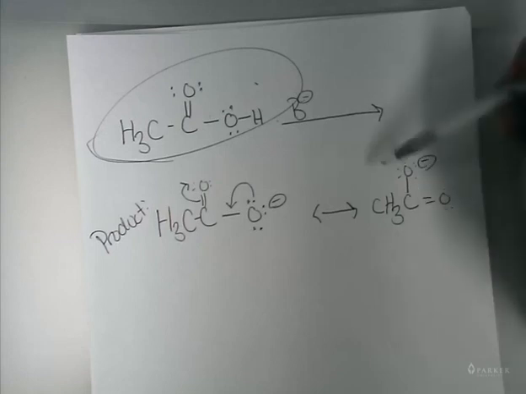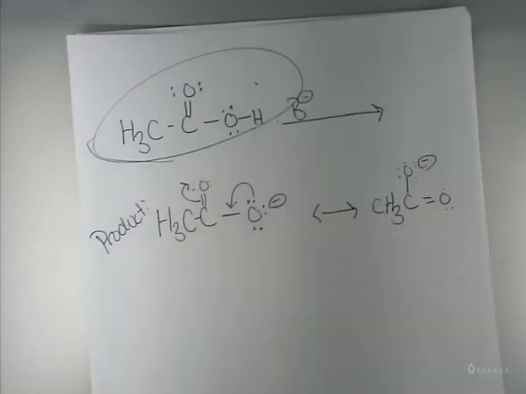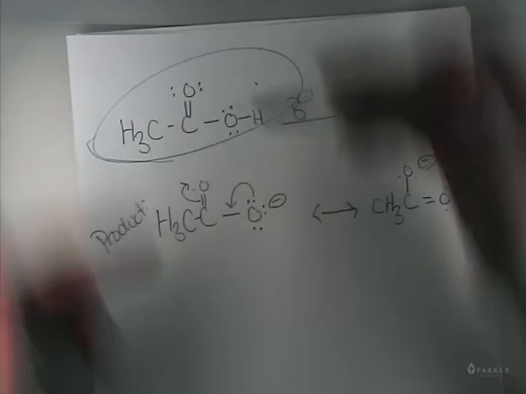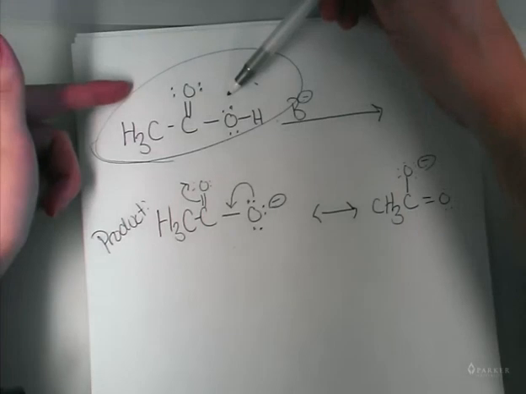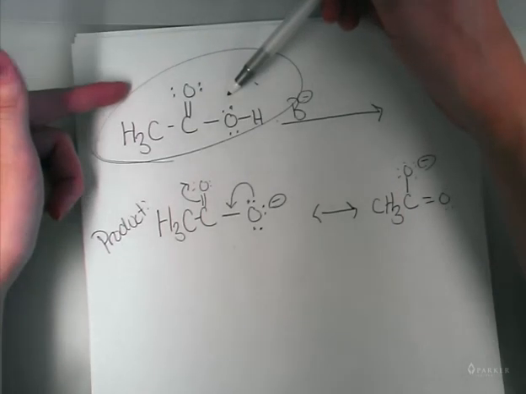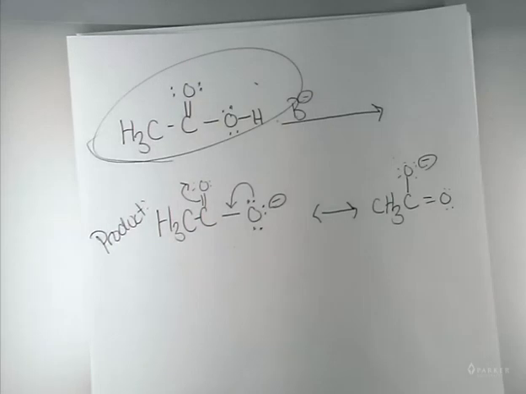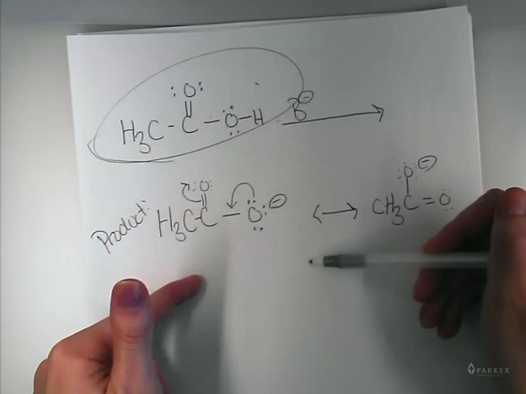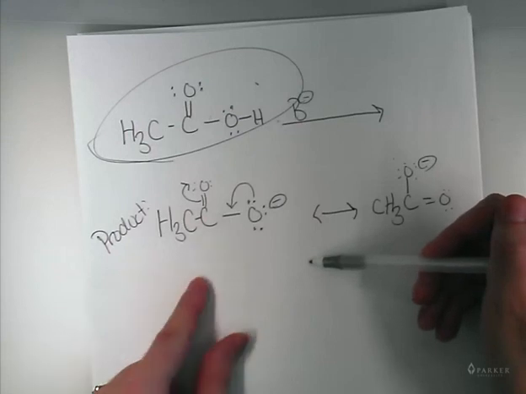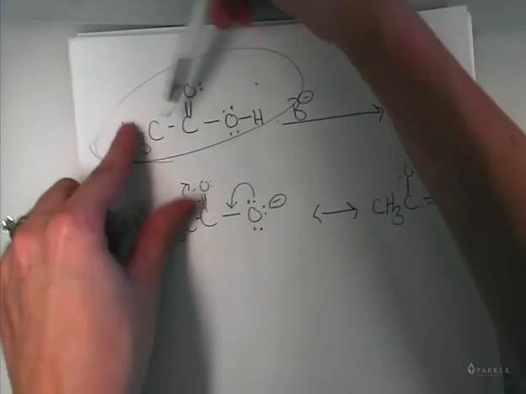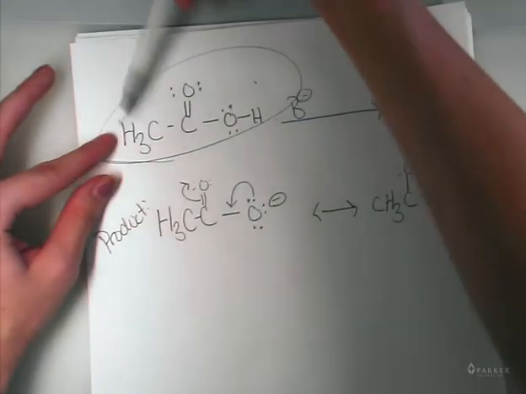It pops back and forth, so it shares that negative charge. So anytime you can stabilize your product, that makes your reactant more reactive. I know this sounds weird, but what are we always moving towards? Stability. So if I can make your product stable, then it's more likely to react, right? Maybe? Yes?